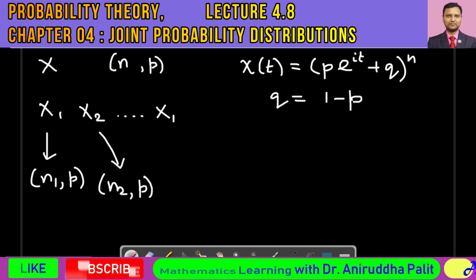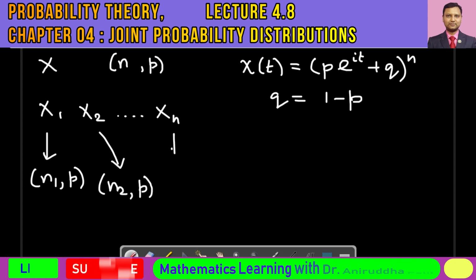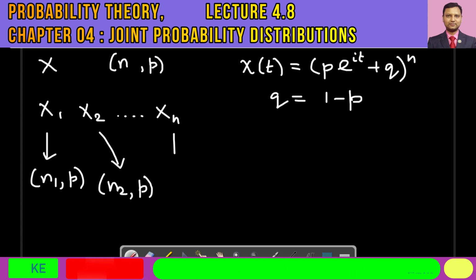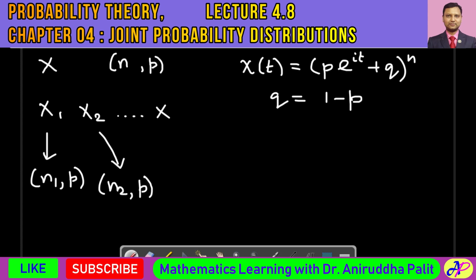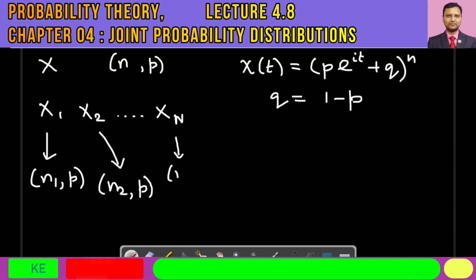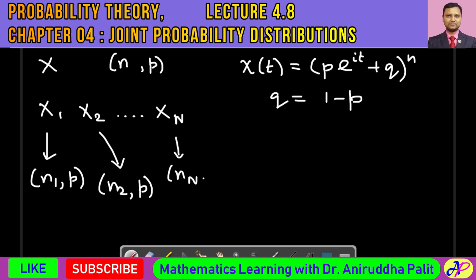Similarly, we consider the parameters of capital X N, not xn, to be small n suffix capital N comma p.